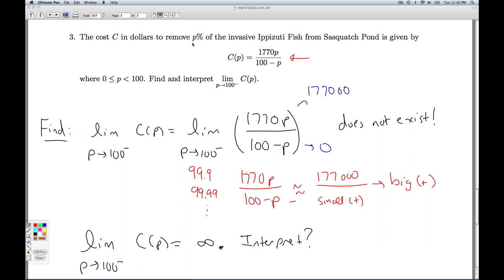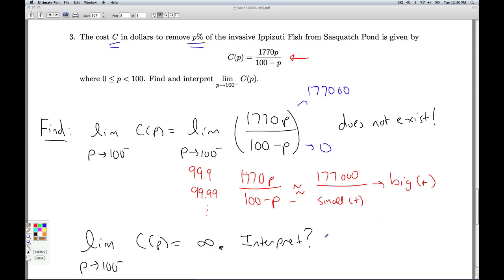P represents the amount of the Ipazuti fish we've removed from the pond, and C represents the cost in dollars. So P approaching 100 from the left means we're trying to remove all of the Ipazuti fish. If we try to remove all the Ipazuti fish, how much is it going to cost? Infinitely many dollars.